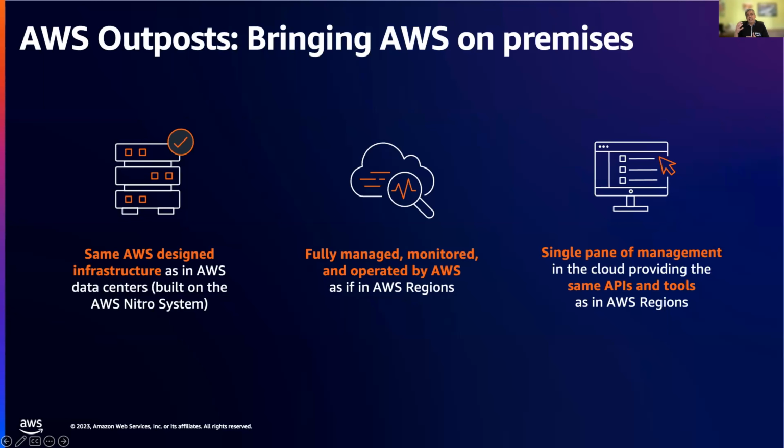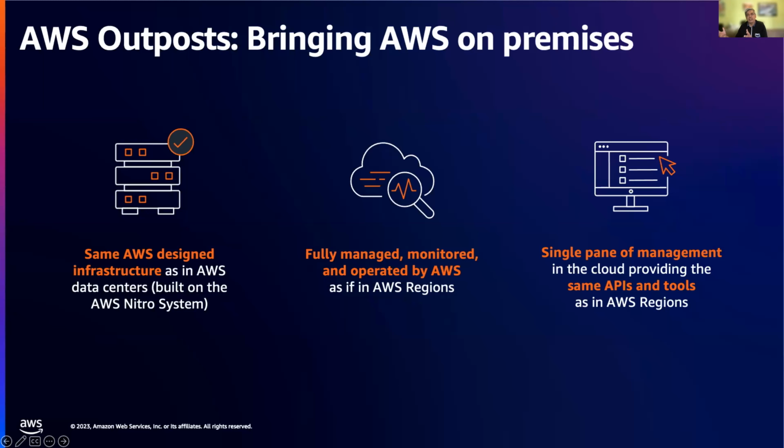So essentially, it's providing you an AWS region close to you in your own data center. It's fully managed, operated by AWS, just like the other regions, and it's a single pane of management. That's the real cool part about this: when you go to your console and look at your environment, this will show up as another availability zone or another region.